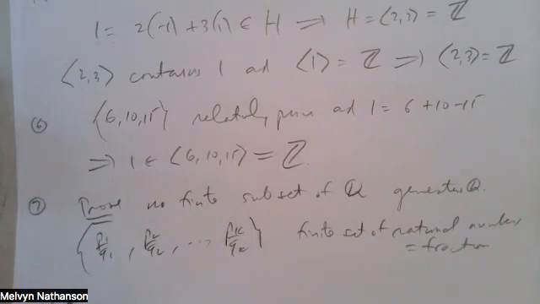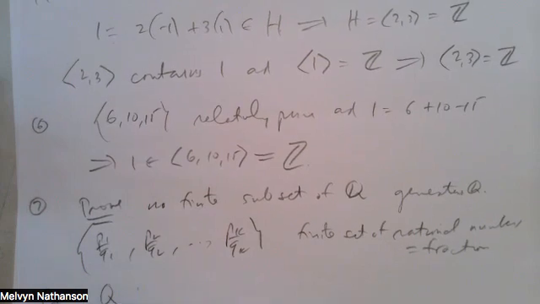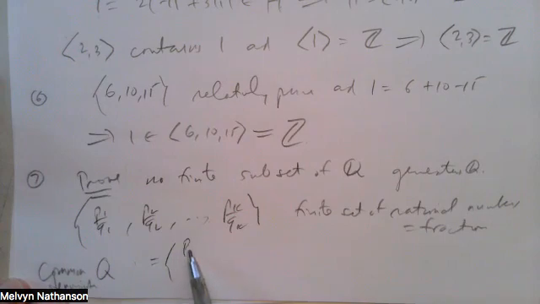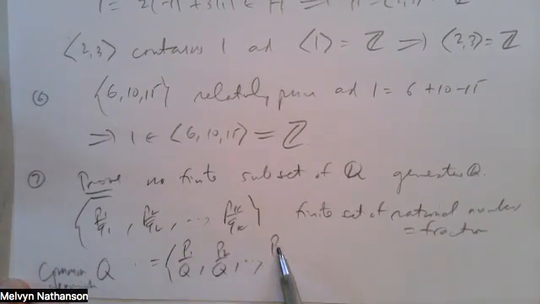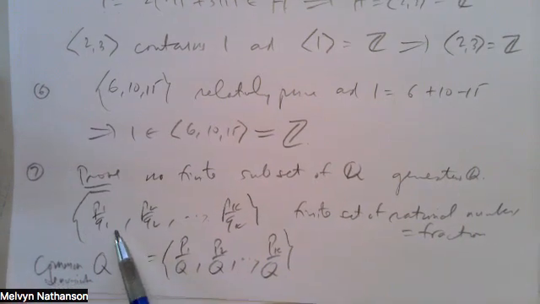Suppose I take a common denominator, Q. So I can write this as a set of fractions, all with denominator Q. So I can write this as capital P1 over Q, capital P2 over Q, capital PK over Q. Because they teach you in elementary school that for every set of fractions, there's a common denominator, the least common multiple, for example, or even just a multiple.